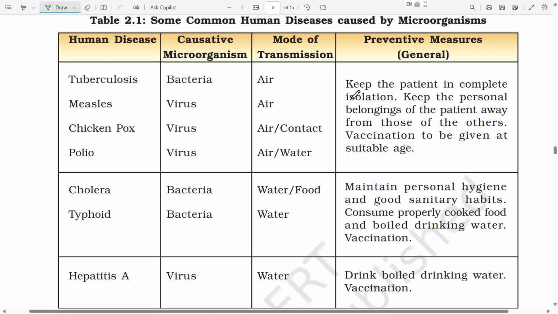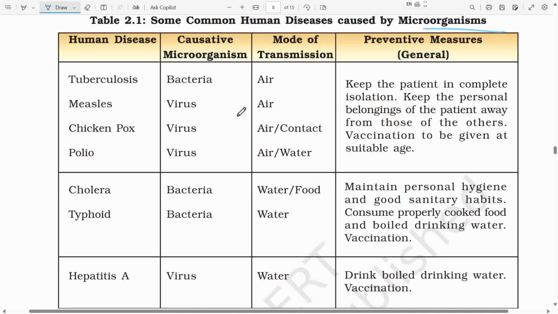Table 2.1. Some common human diseases caused by microorganisms. Human disease, tuberculosis, causative microorganism, bacteria. Mode of transmission, air. Human disease, measles, causative microorganism, virus.